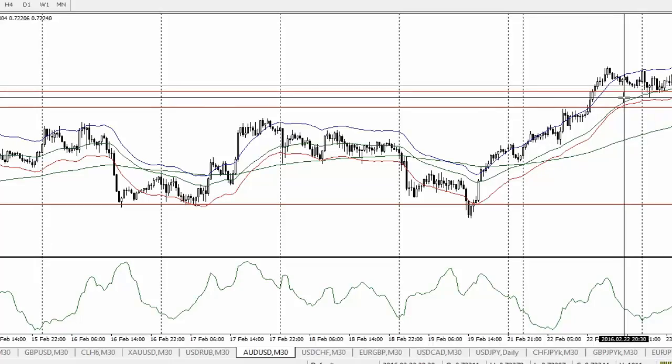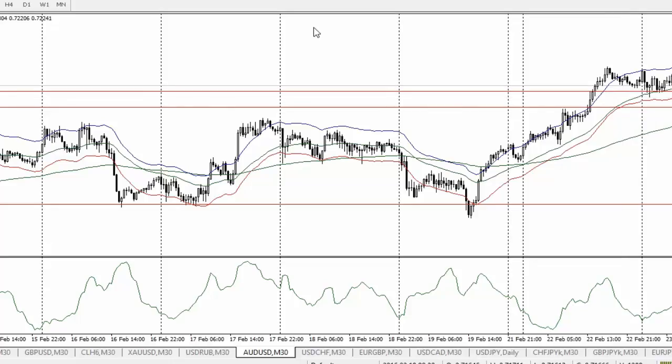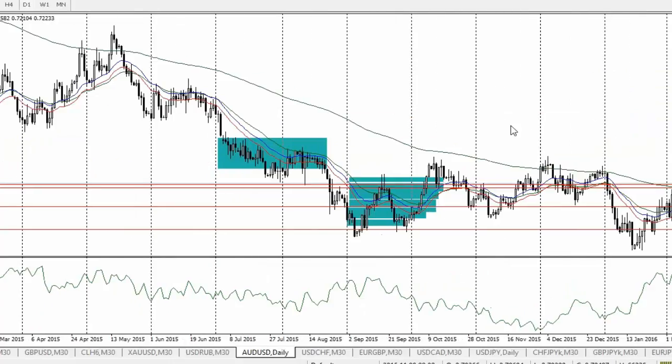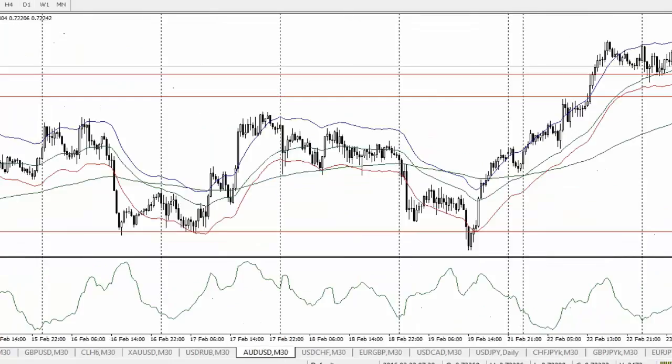today's low is 0.7210, right? Let's switch to the daily chart and measure ATR here. It is 85 pips.